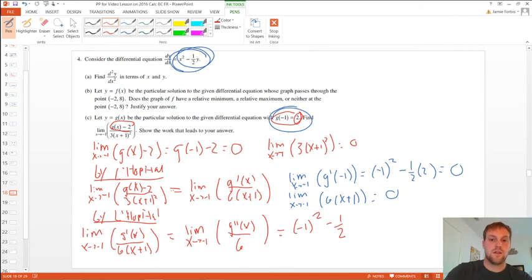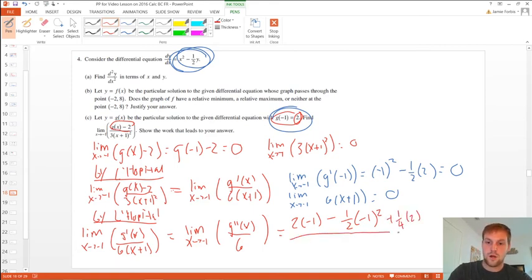I was writing down the last part again, sorry. So g double prime of -1 is equal to 2 times -1, and again I'm using the formula from part A, minus 1/2 times (-1 squared plus 1/4) times 2, all over 6.